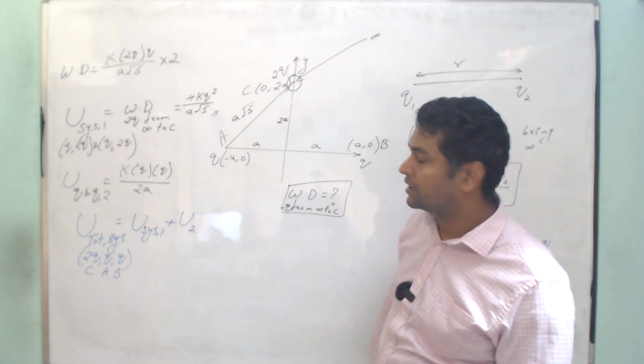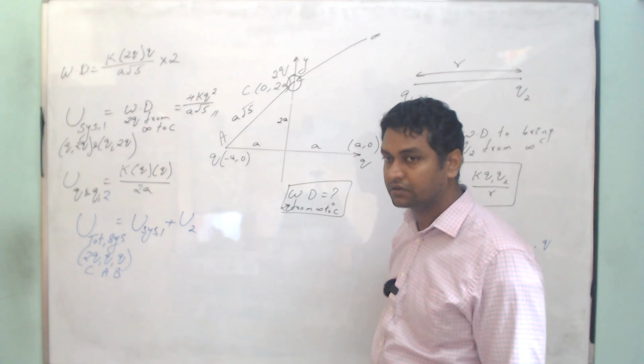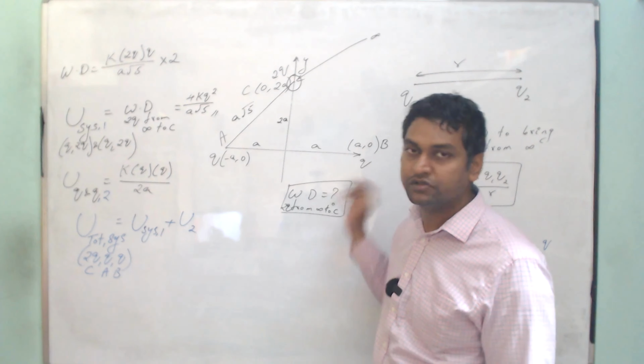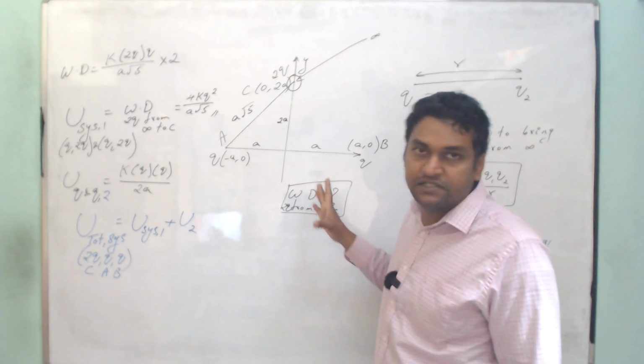All point charges in this situation are at rest, after bringing them from infinity. If you leave this system now, they will all run away from each other. So we are fixing all the point charges once we bring them.